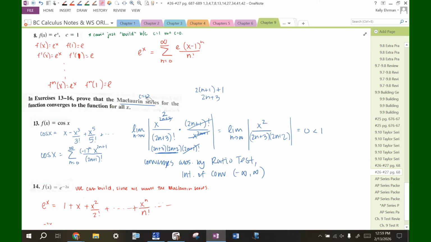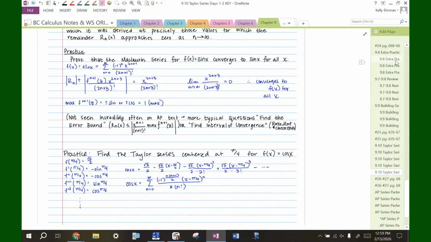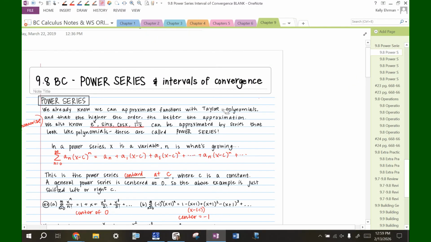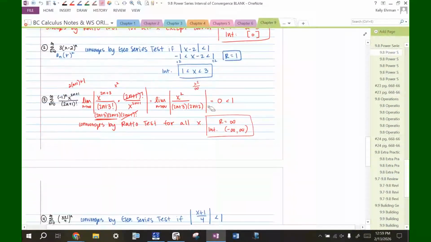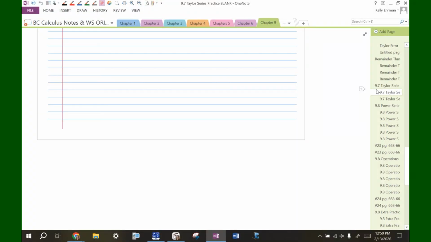On number 13, did I use the wrong series for cosine? It's the evens, isn't it? I thought it's the odds there. Oh, let me go back to my notes now. This is not great, is it? Let's see. Power series, operations, this guy. Where are the ones we have memorized? Taylor series.